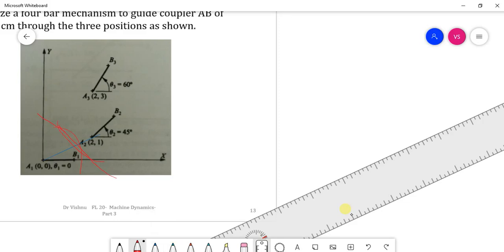In this particular problem, you can see here A2 is at 2, 1, A3 is 2, 3. Means the x-coordinate is the same, 2, 2. That means A2, A3 is a vertical line. So simply connect them vertically.